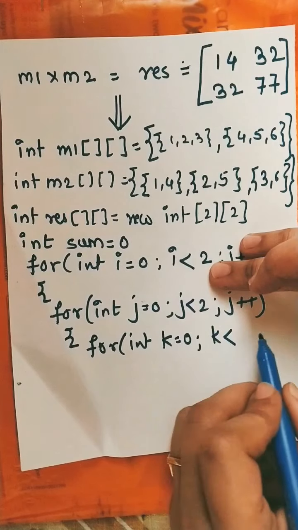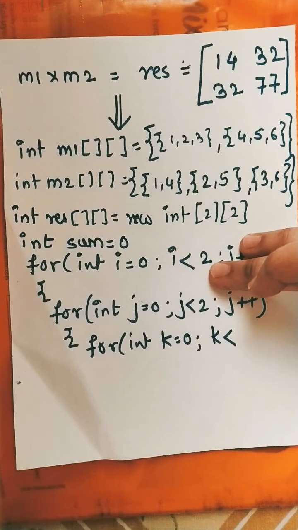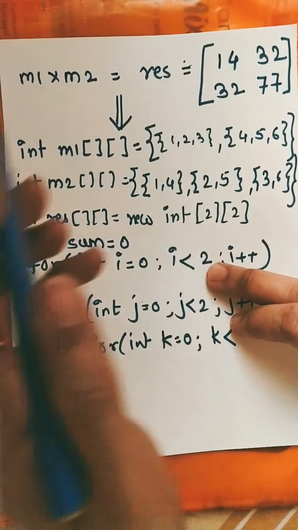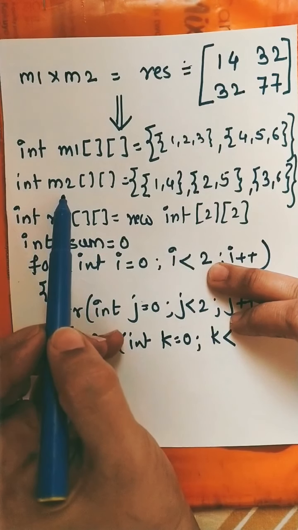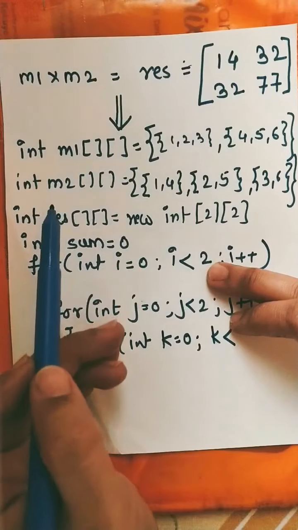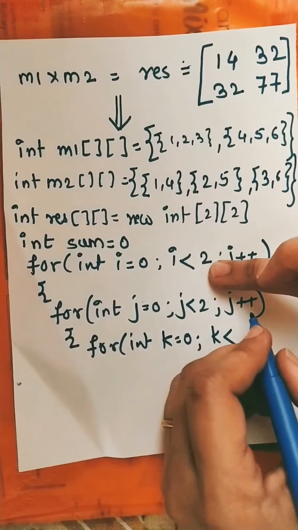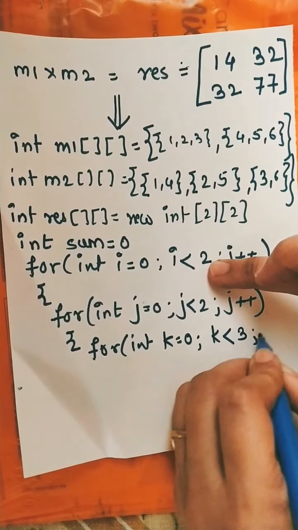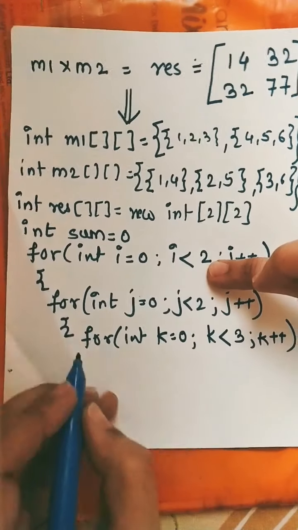What control value are you going to take for variable k? That depends on the size of m1 and m2. Whatever column size m1 has and whatever row size m2 has, that you have to take. So the value is 3, and increment the variable.